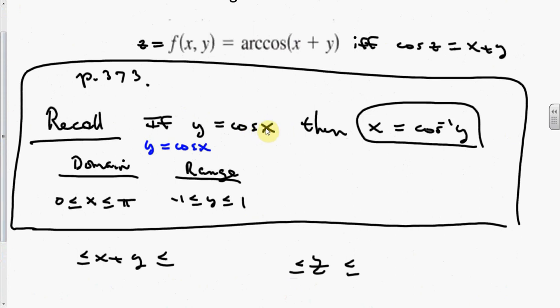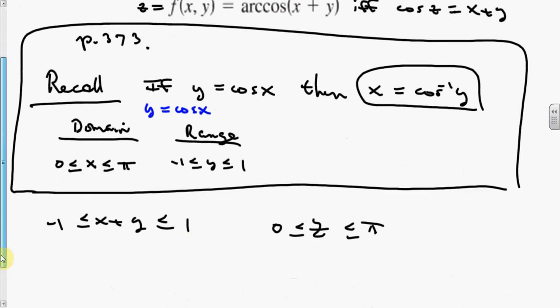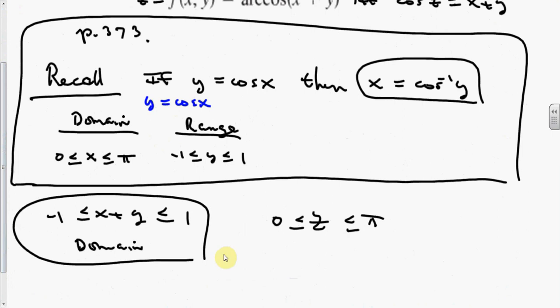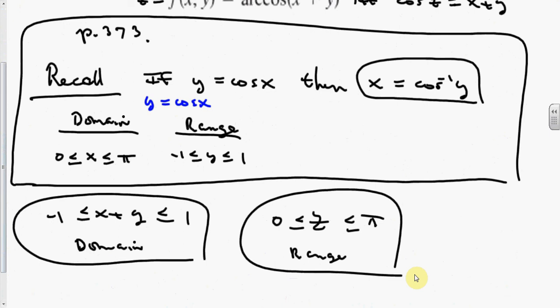So this x, cosine x equal to y, right? Whatever's in this position here, cosine of something, that guy goes here, right? This is cosine of z. So z is between 0 and pi. And x plus y is in between -1 and 1. This becomes our domain for the function at hand, and this becomes the range for the function at hand. I just match them up, that's all. Right?